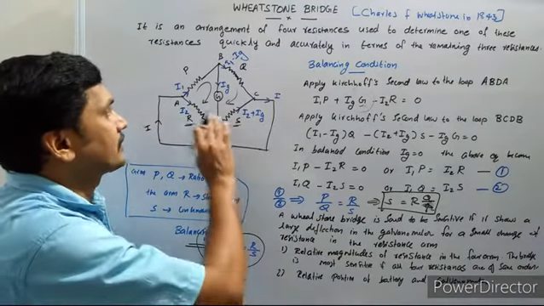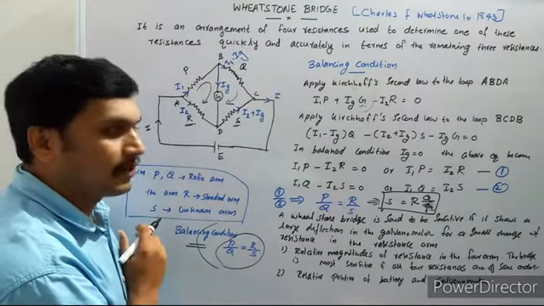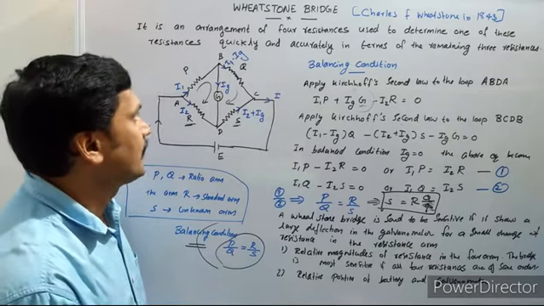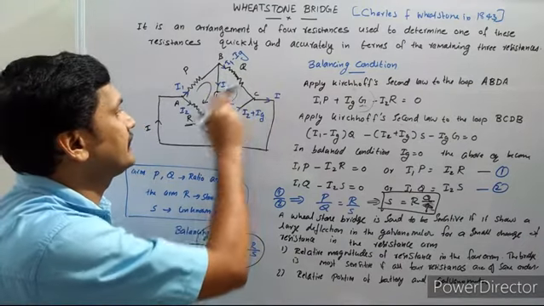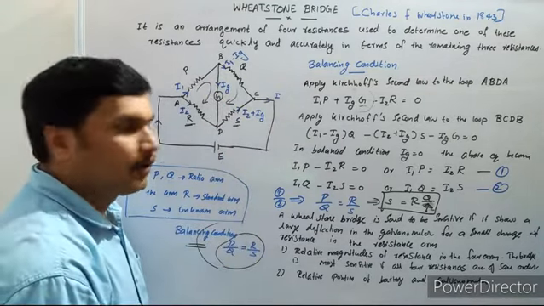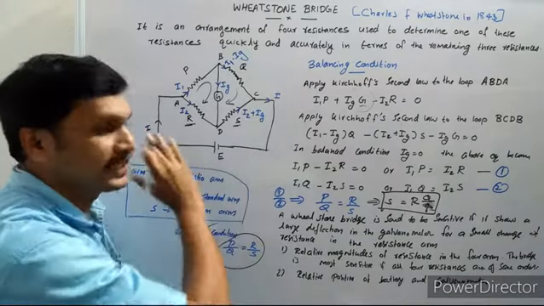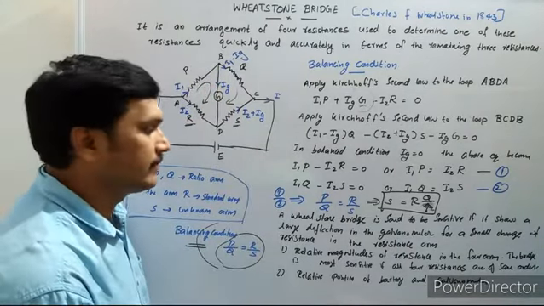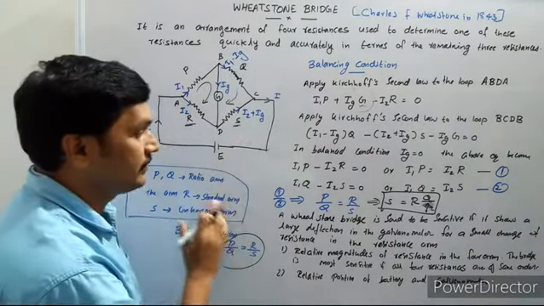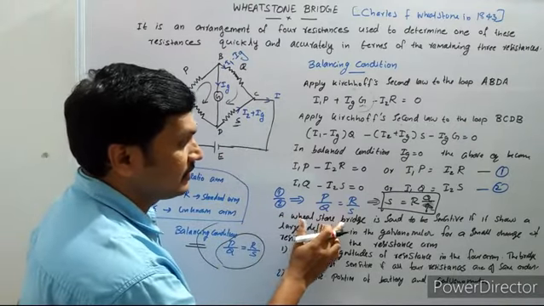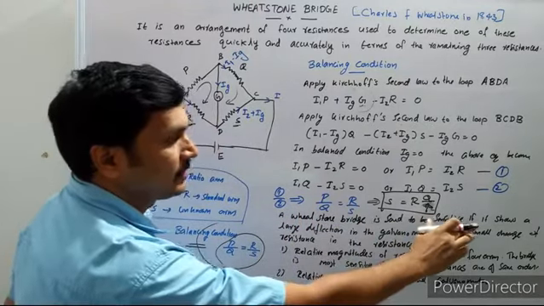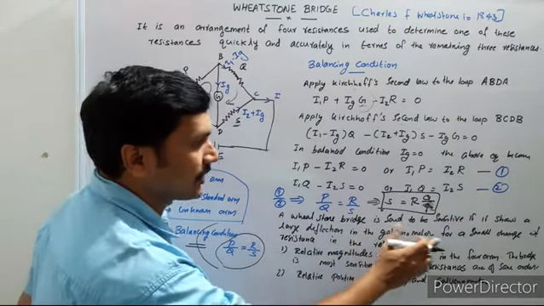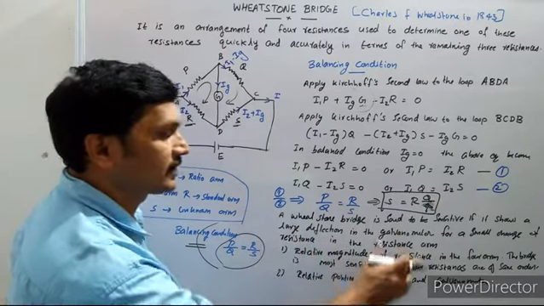Actually, the sensitivity of this Wheatstone bridge depends upon the values of resistance that you have taken in the four arms. The sensitivity can be defined this way: a Wheatstone bridge is said to be sensitive if it shows a large deflection in the galvanometer for a small change of resistance in the resistance arm.